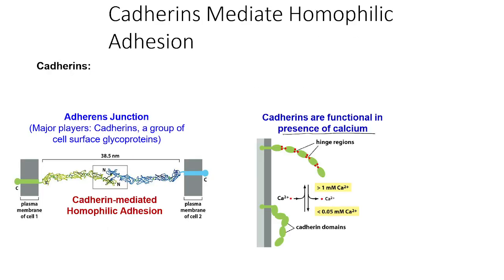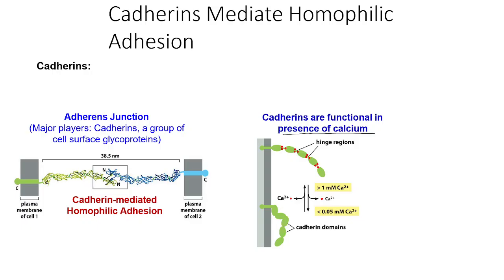Now we will get into something about the cadherins and the adherens junctions. Cadherins are functional only in the presence of calcium ions, which stabilize their extracellular domains. On the cytoplasmic side, cadherins connect to actin filaments via the catenins, providing a mechanical link between the cell surface and the cytoskeleton.